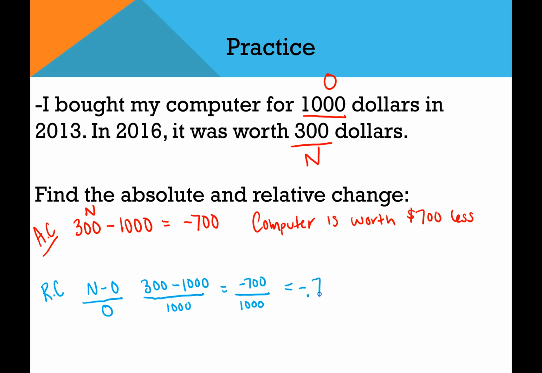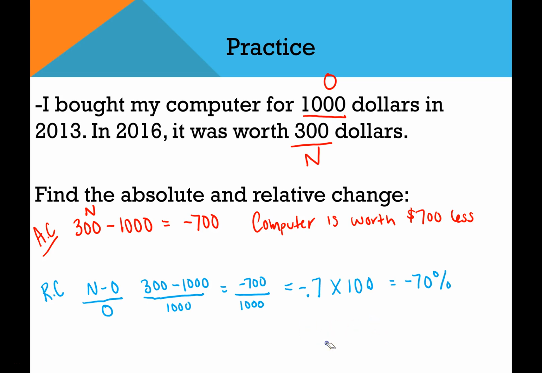Please don't forget, part of that formula is to multiply by 100, which means moving your decimal twice. So if I have negative 0.7, I'm going to move my decimal here and then here. Okay, and so I'm going to have equal to negative 70%. Well, we don't really want to say negative anything.